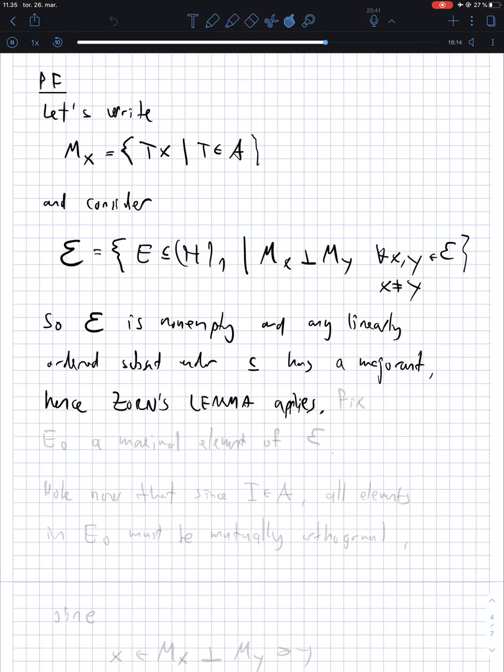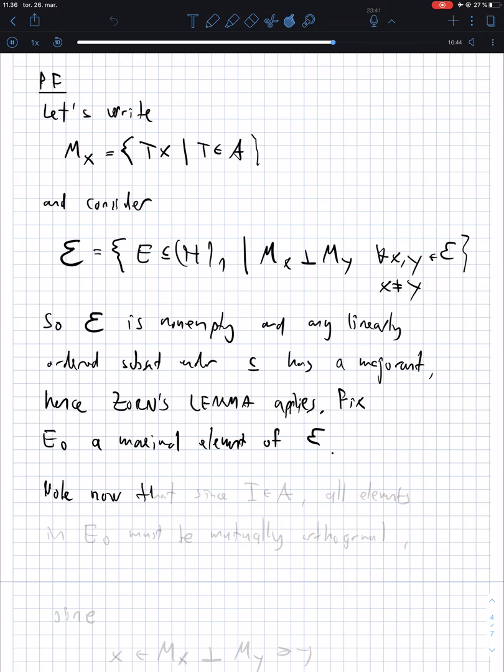So we have the conditions of Zorn's lemma. So trusting in the axiom of choice, there is a maximal element in E. So we can fix E naught, a maximal element of E.